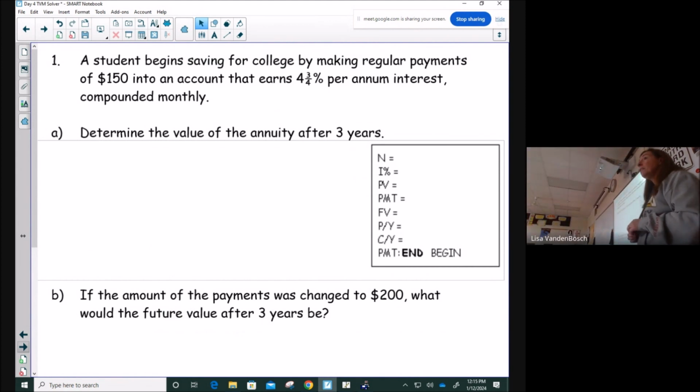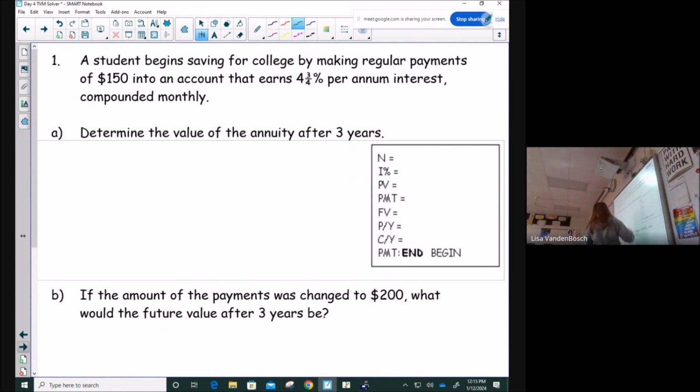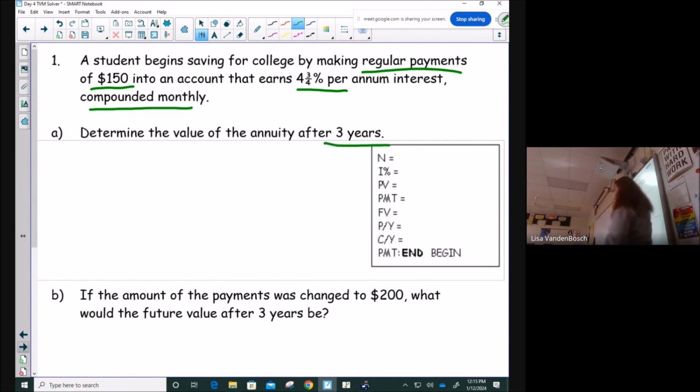So you might want to write down again the key words here: regular payments of $150, 4 3/4% compounded monthly, after 3 years. So write that down. We're going to write down our TVM solver screen, maybe 2 examples, and then after that, we're just going to use it. I just want you to have a couple examples in your notes. Okay, so let's see if we can put this into our TVM solver.